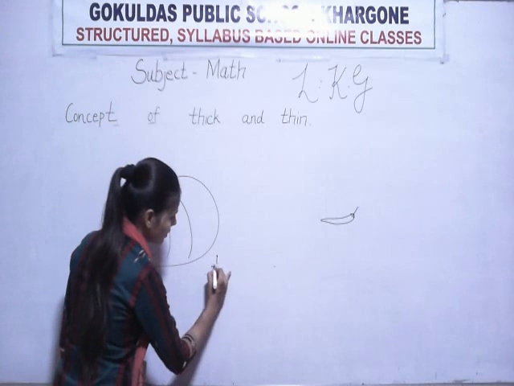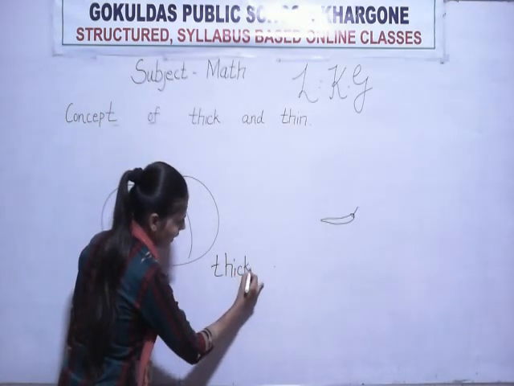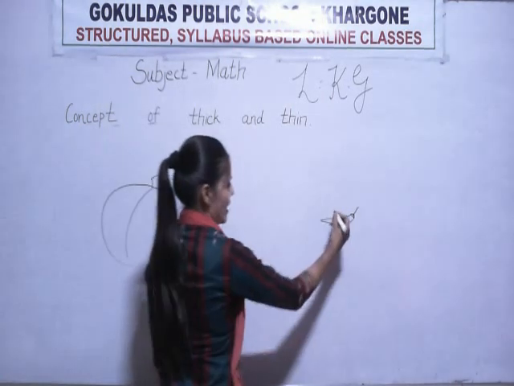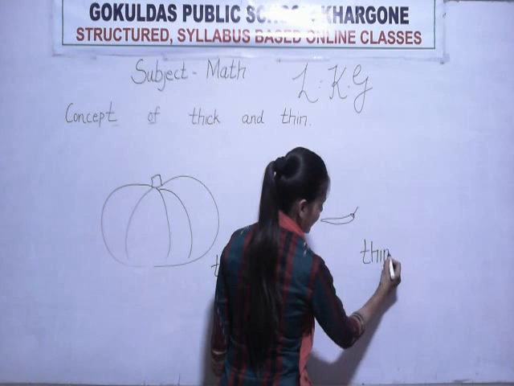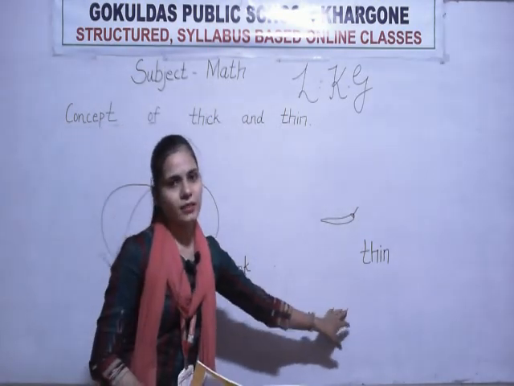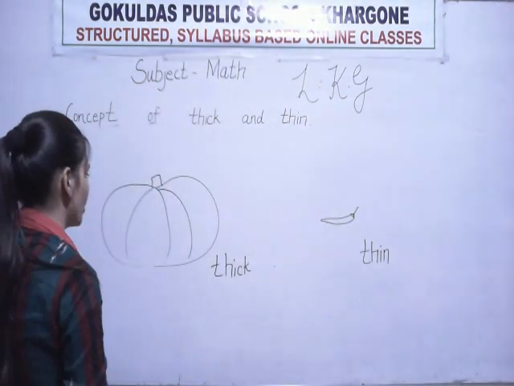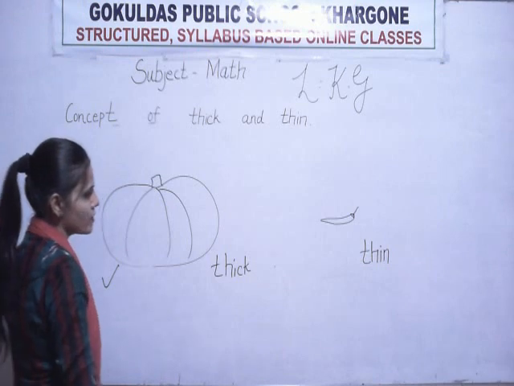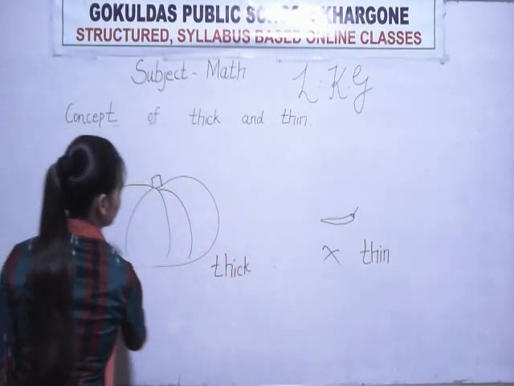So write here thick, T-H-I-C-K. Thick object. And this one is a thin object, T-H-I-N. Thin. Thick. Thin. Okay. You know the spelling of thick and thin. So you recognize this one is a thick object and this one is a thin object.